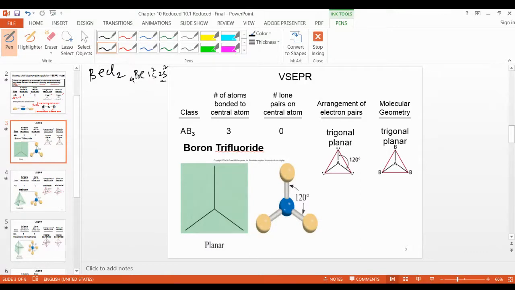So 2 for beryllium, plus chlorine. Which group? Chlorine, I believe, is 17. No, you have to look at the group, my friend. Which group does it belong to? Group 7. So 7 valence electrons.